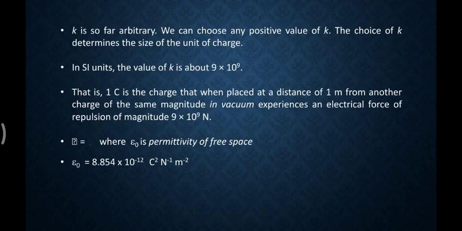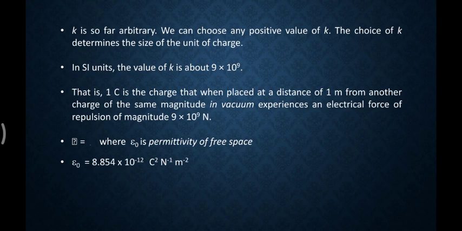Where epsilon 0 is the permittivity of free space, what does that mean? You could just memorize it, but what it tells us, by epsilon 0, is how much force is permitted in space, and that is why it is named the permittivity of free space.